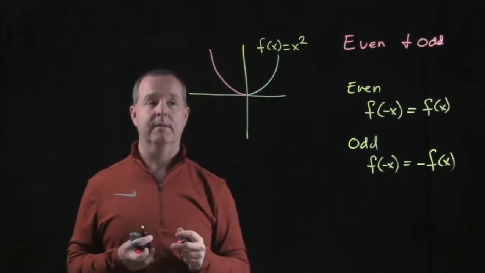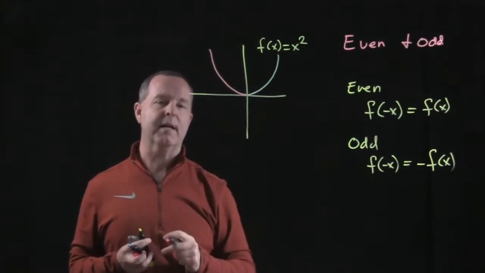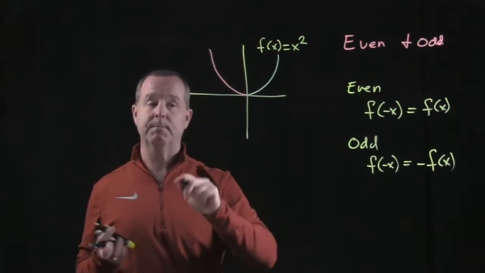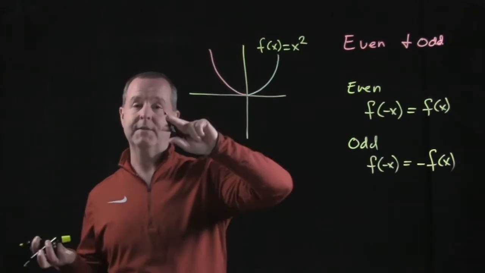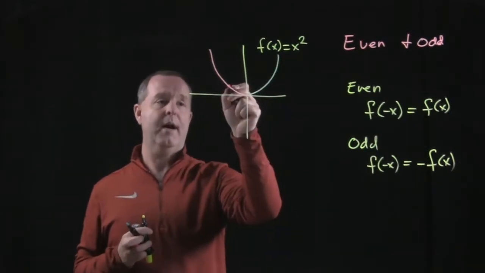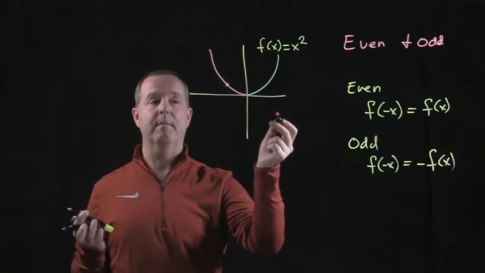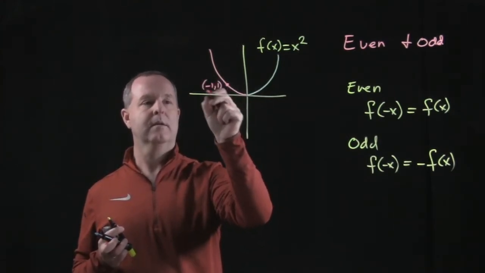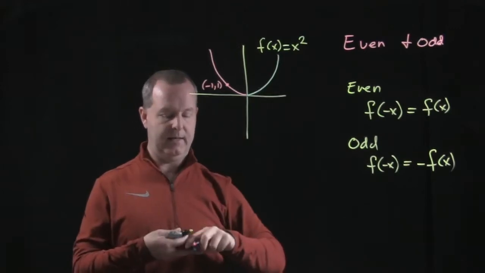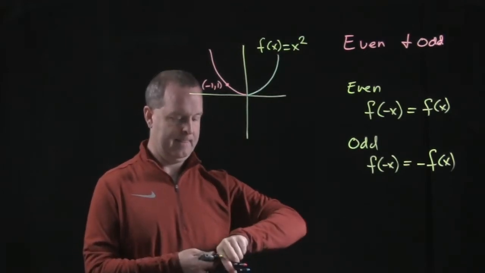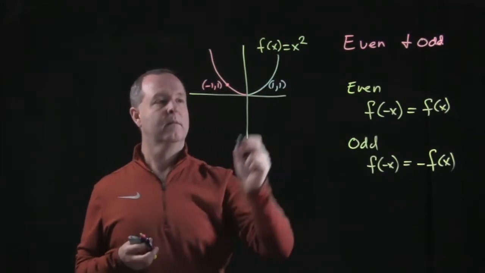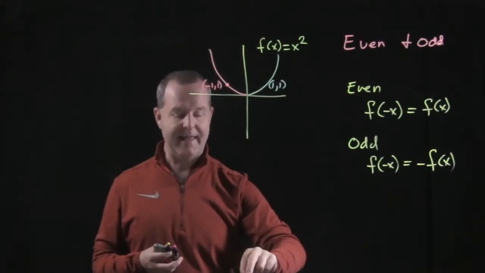Follows that route. And you can see the symmetry about the y-axis. And it also means that every corresponding point on the left side corresponds to the point on the right. So this point, let's imagine it's -1 and 1, corresponds with a point over here at 1 and 1.